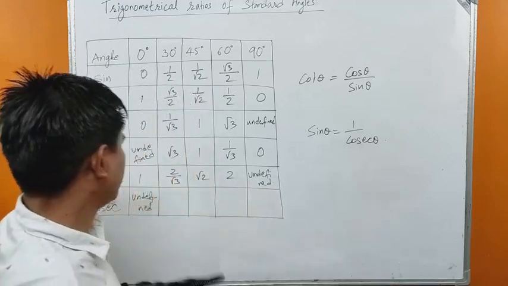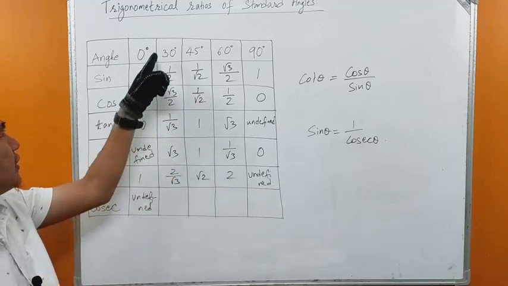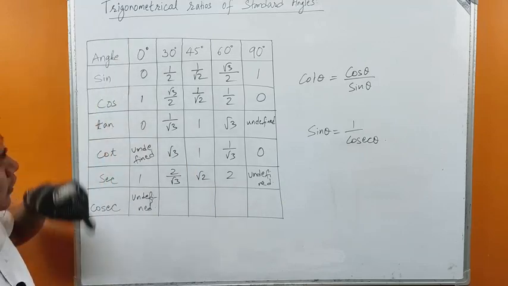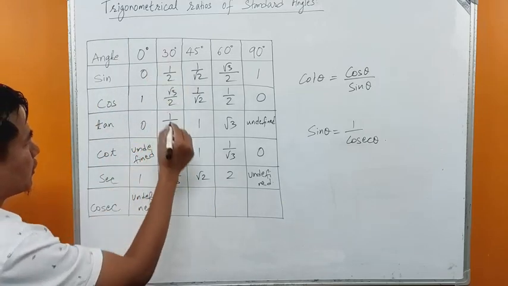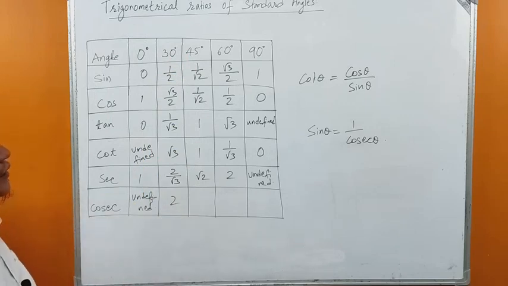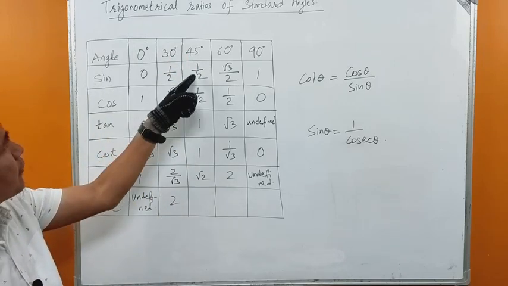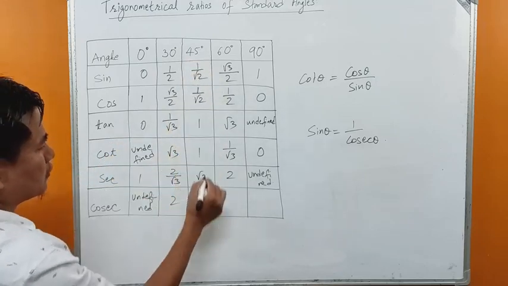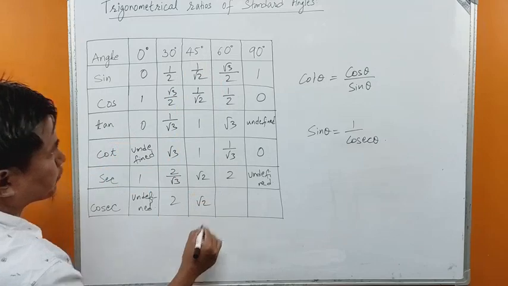Now, listen, cosec 30 degree. So we have 1 upon 2, this 2 goes to the numerator, 1 comes down to the denominator. 2 upon 1 means 2, isn't it? Now sine 45 degree is 1 upon root 2, so cosec 45 is root 2 upon 1, which means root 2.